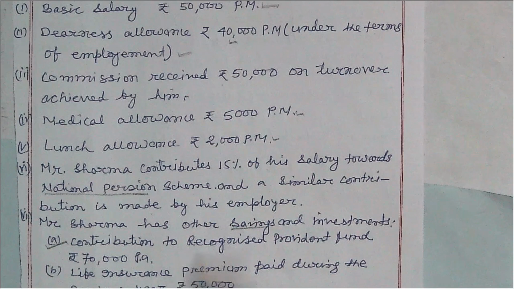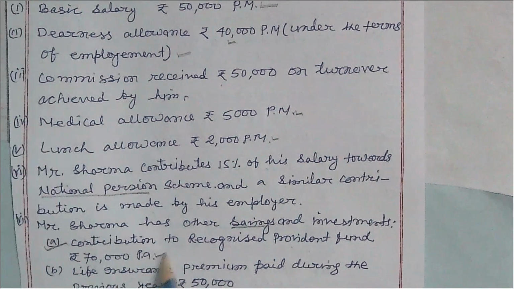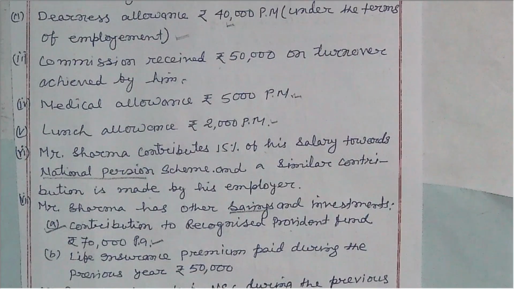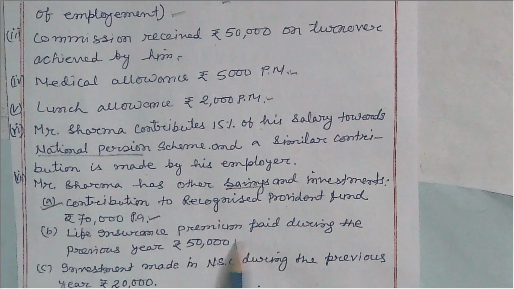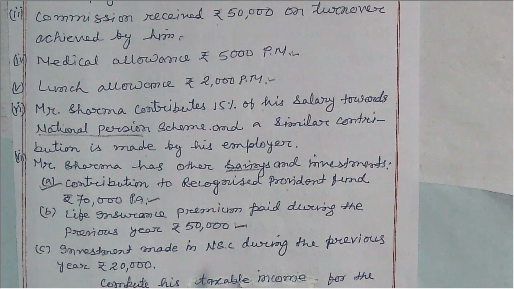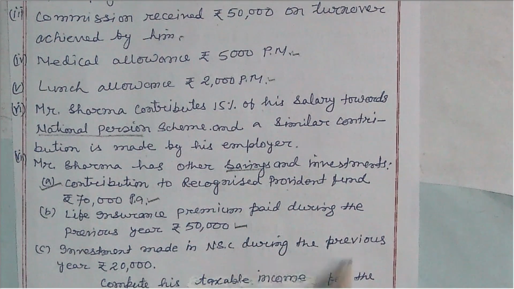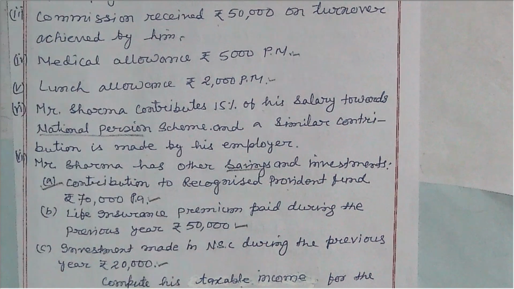His contribution to recognized provident fund is rupees 70,000 per annum. Life insurance premium paid during the previous year rupees 50,000. Then investment made in NSC during the previous year rupees 20,000.